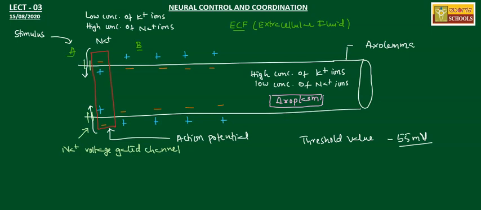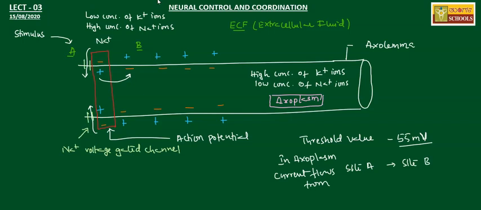Because of this, the current will flow from site A to site B in the axoplasm.